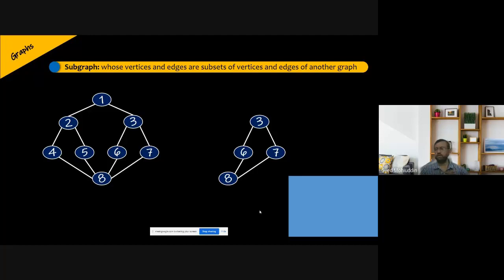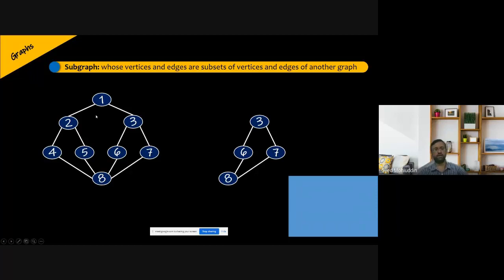There is another term known as subgraph. Subgraph is nothing but it is also a graph with set of edges and set of vertices, but the set of vertices is a subset of the set of vertices of the original graph. And the set of edges of a subgraph is also a subset of the set of edges of the original graph.